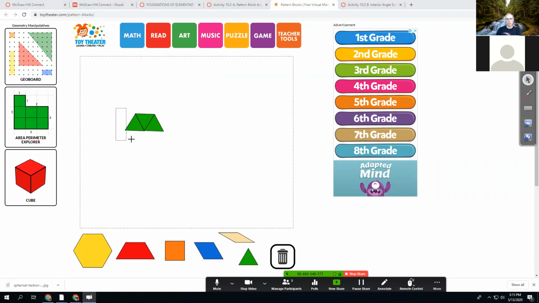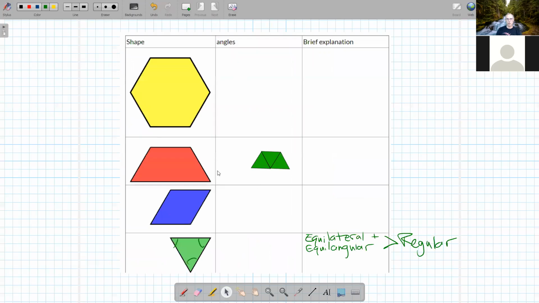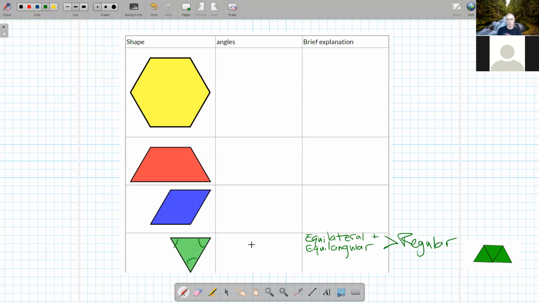So I was looking for some play pictures as part of your evidence for these. Okay, so, oops. So in this case, we get 60 and 60 and 60 for this one.